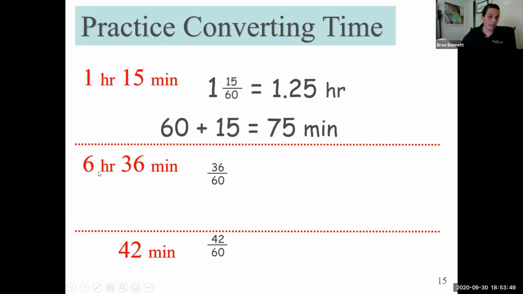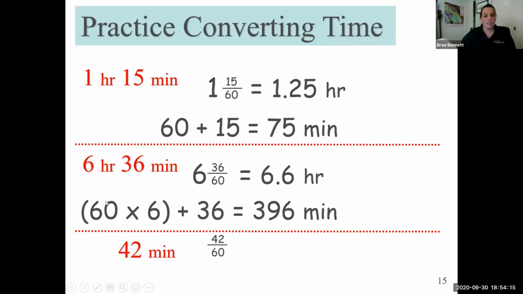So this one is going to be an example of a large number. So if we have 6 hours and 36 minutes, we have 6 and then 36 60ths. So that's 36 60ths of an hour plus our 6 would equal our 6.6 hours. Now, if we were to do that with minutes, we would have to do our 60 minutes times 6 plus the 36, and we get 396 minutes.